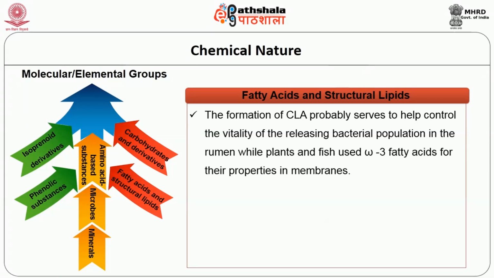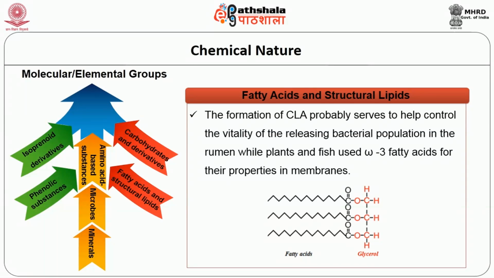The formation of CLA probably serves to help control the vitality of the bacterial population in the rumen, while plants and fish use omega-3 fatty acids for their properties in membranes.